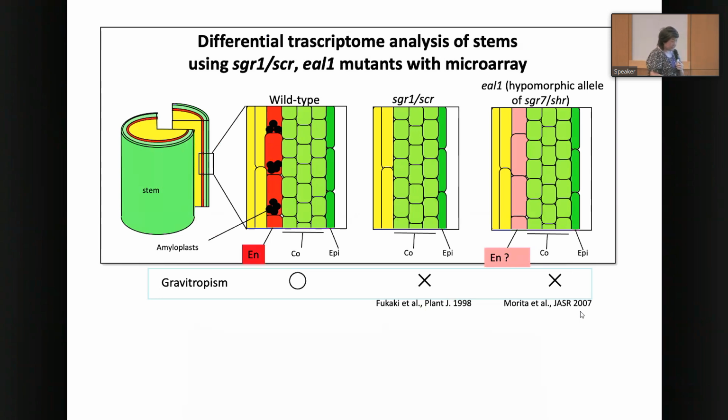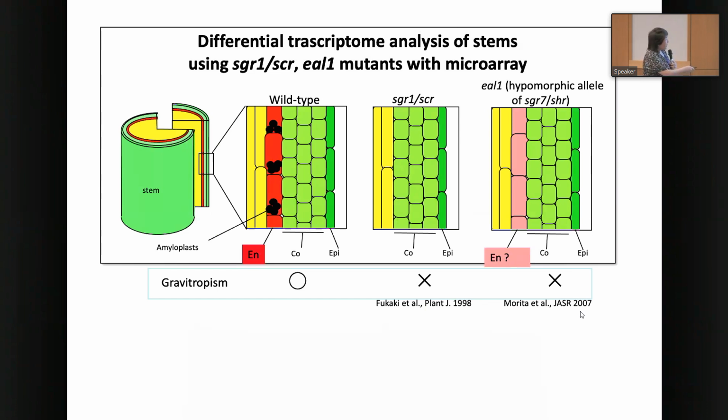So we switched the research approach and performed transcriptome analysis focusing on the statocyte. I compared gene expression profiles between the wild type and shoot gravitropism mutants defective in statocyte formation. SGR1 scarecrow mutant cannot form the endodermis and shows no gravitropism.